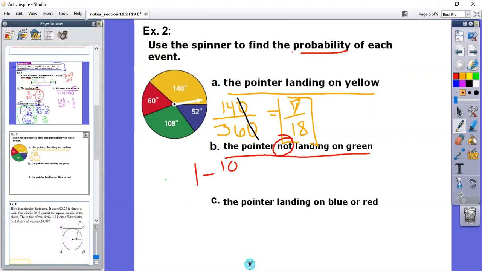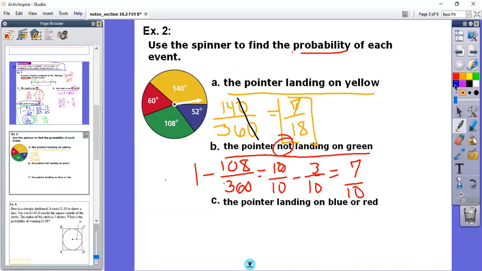So I'm going to take 1 minus 108 divided by 360. And then I'm going to simplify that. So 108 over 360 is going to reduce to 3/10. And I'm going to convert 1 to 10/10 then. And then do that subtraction. So I've got 10/10 minus 3/10. That's going to give me 7/10 for that answer on green.